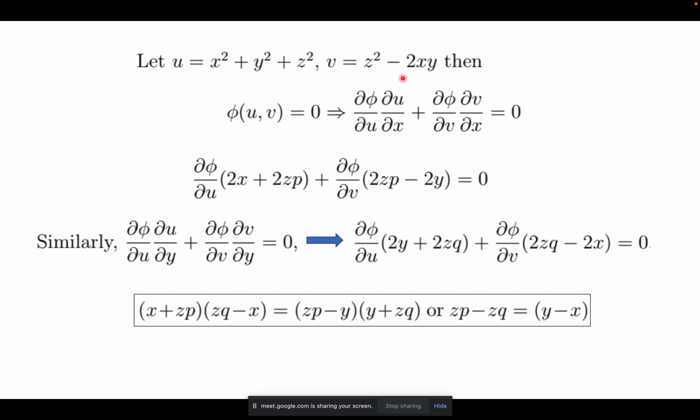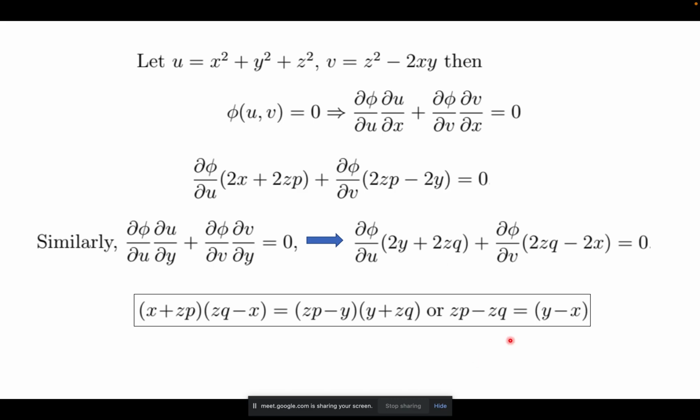And if I do that, my equation results in this type of function. So you have x plus zp, which is coming from this, and because you are taking the ratio, x plus zp will be multiplied by this function, 2zq minus 2x. And on the right hand side it will be the combination of these two, giving this type of partial differential equation.